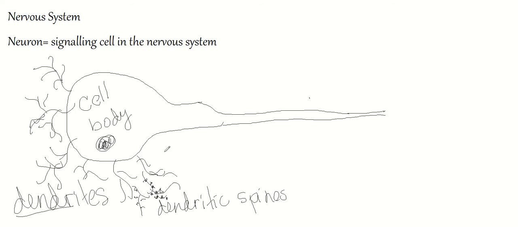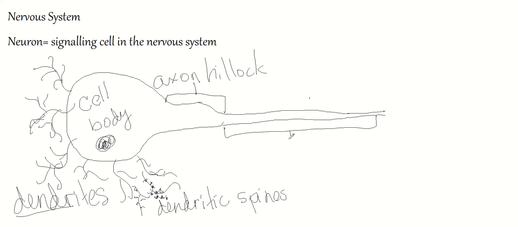Now, coming off of the cell body, we have this part right here that's kind of funnel shaped, and that is called the axon hillock. And then it narrows to an area that we call the axon.